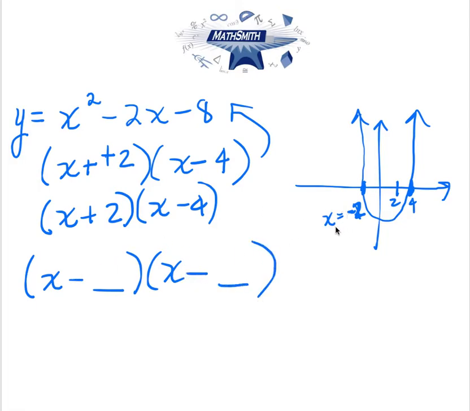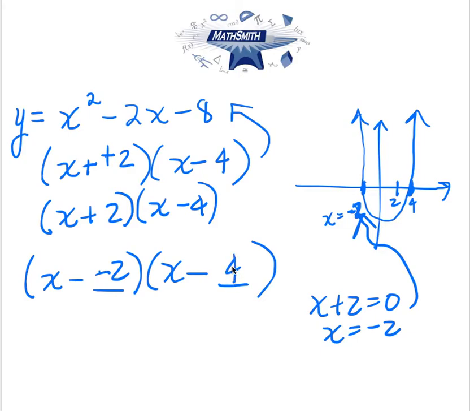Because to get x equals -2, you're going to have x plus 2 equals 0. That's when x is equal to -2, like it is here. And so you're bringing the -2 back over to this side to make it a factor. Same thing here for 4. You're bringing it over to this side. So it's minus a -2 minus a +4.